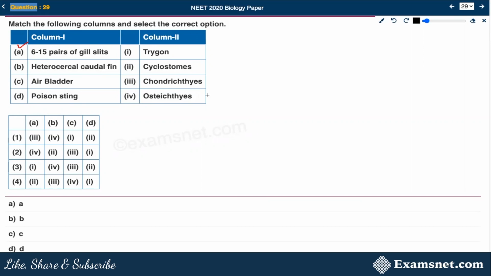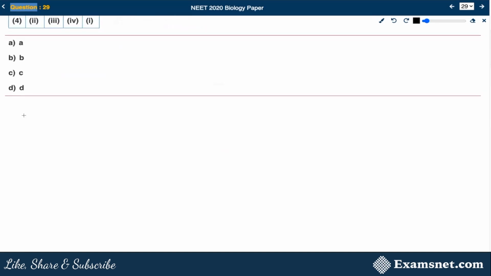Cyclostomes, because they have an elongated body bearing 6 to 15 pairs of gill slits for the purpose of respiration. So you can just write down the sentence: cyclostomes have an elongated body with 6 to 15 pairs of gill slits.